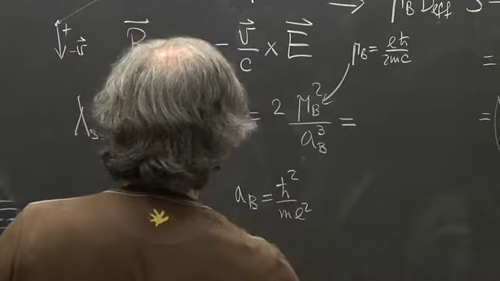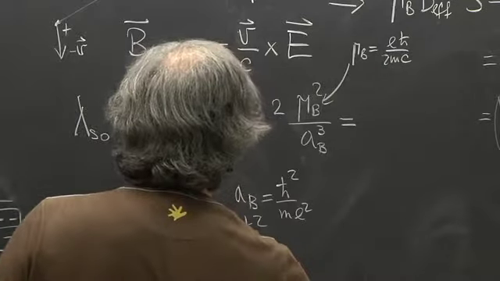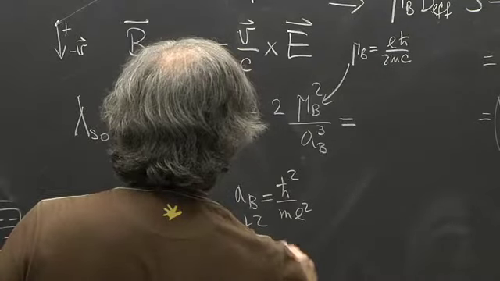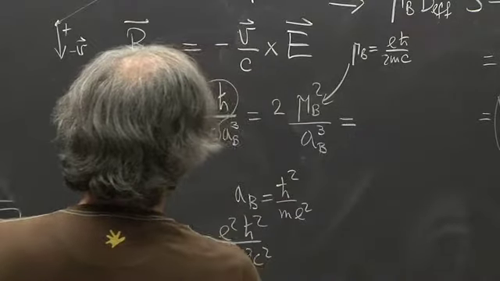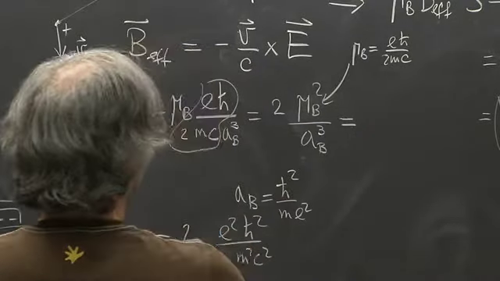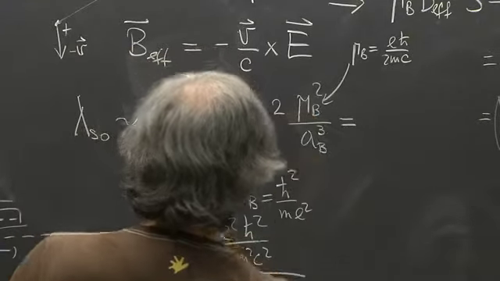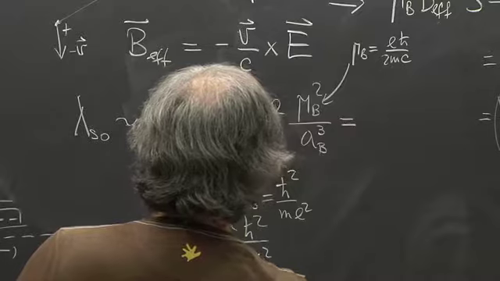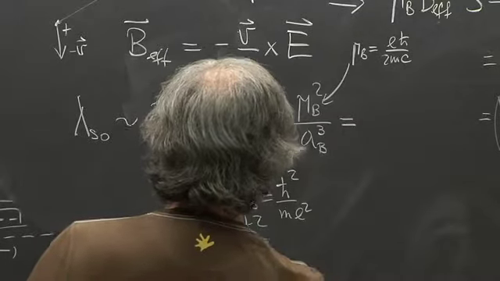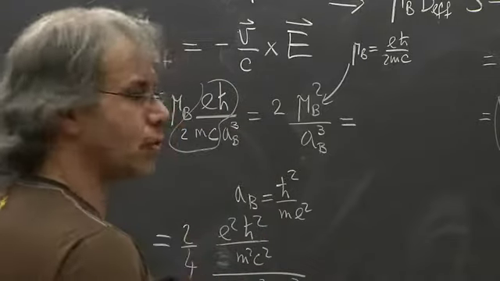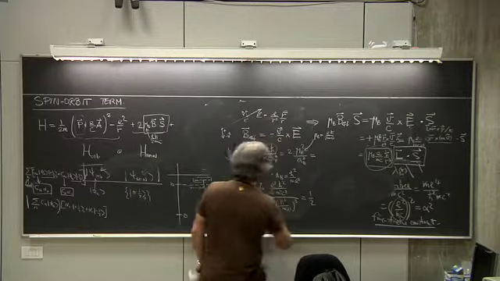Then I have e square h bar square over 4m square c square, coming from here. The 4 is not important. Let me put it there. Divided by the cube of this. So h bar square over m e square cubed. Okay? Lots of constants, but all universal constants, you see? So let us see. This is 1/2.